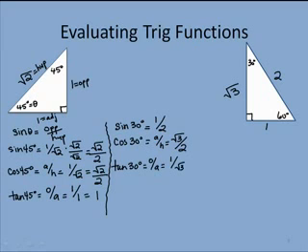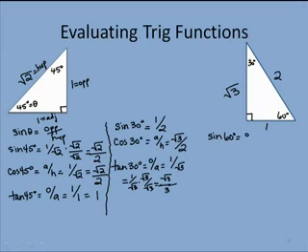We cannot leave the square root of 3 in the denominator. So let's multiply it by 1. 1 over the square root of 3 times the square root of 3 over the square root of 3. And that gives us, there we go. Now let's do the sine of 60 degrees. So now we're looking down there at 60 degrees.